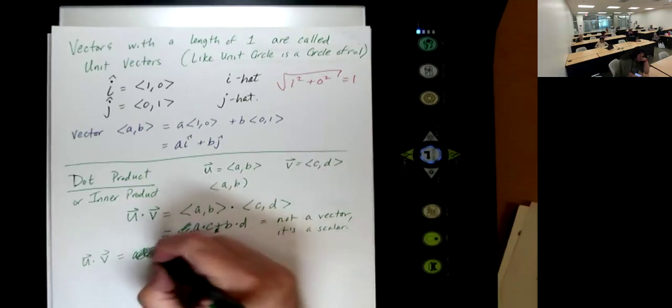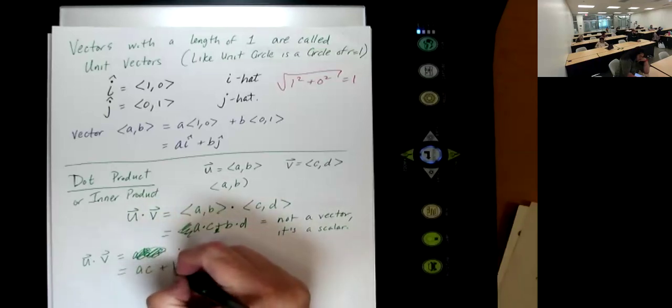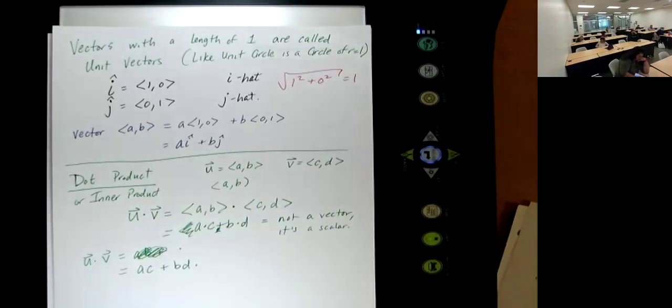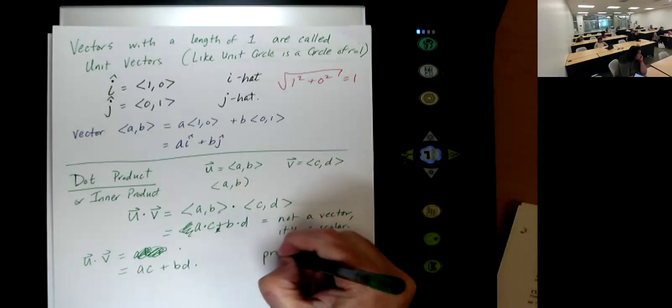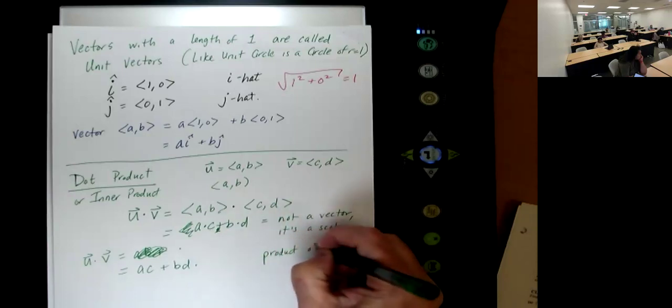Just multiply the two x's, multiply the two y's. And that's why they call it the inner product. It's the product of the inner values.